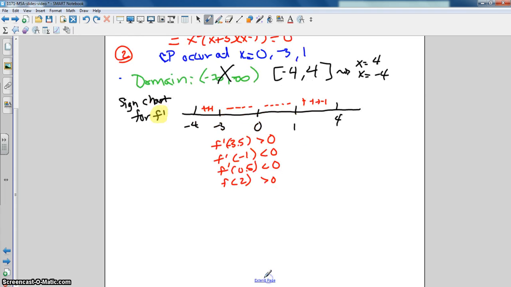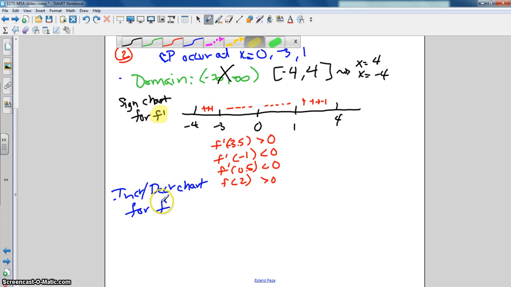Following the flowchart, this is really enough to tell whether it's switching from increasing to decreasing, but what I'm going to actually do is go a step further and make an increasing/decreasing chart for the original function. So pay attention to this as well.